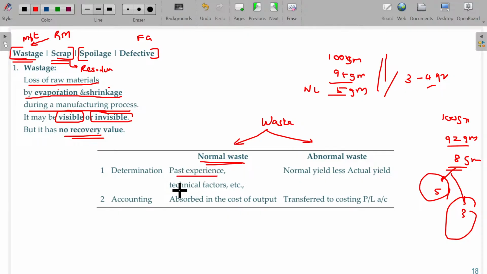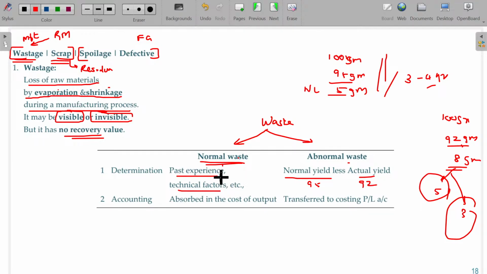How can we determine whether the waste is normal or abnormal? Based on past experience and technical factors, you can decide the waste being normal. Abnormal waste is normal yield less actual yield. Normal yield is 95, but actually it is only 92. Then 3 units were lost due to some reason other than the usual, inherent nature of the product.